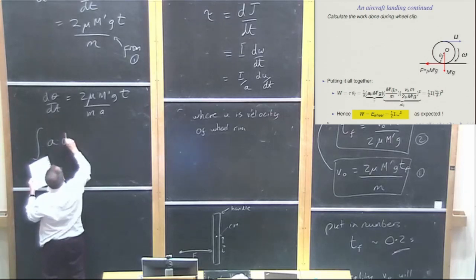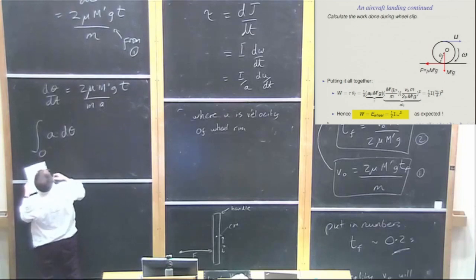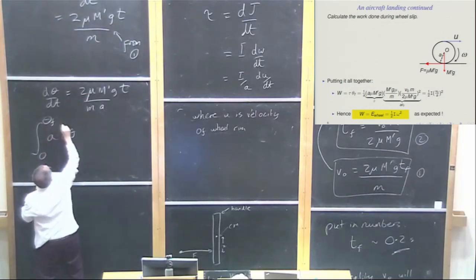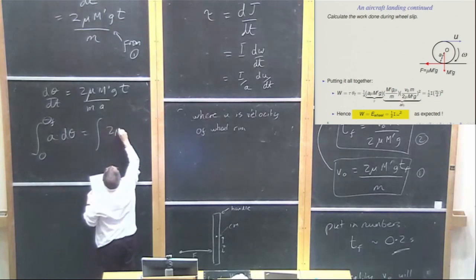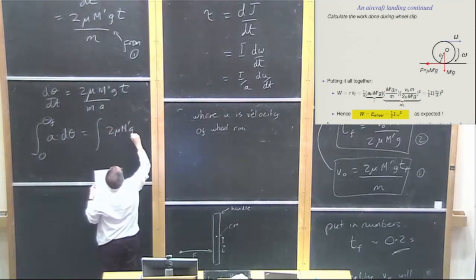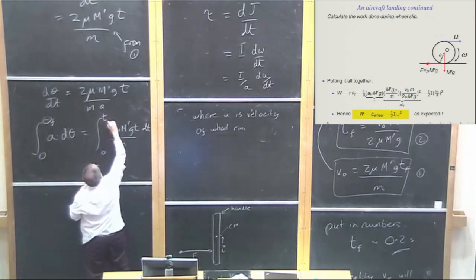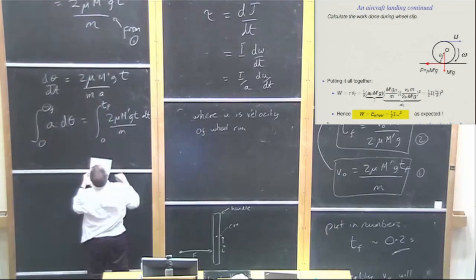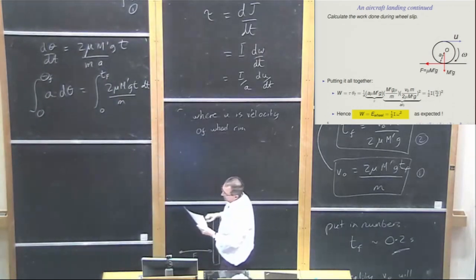So the integral of a d theta between 0 and theta f is the integral of this stuff over time between 0 and the time it takes for the wheel slip to occur. So between 0 and tf.